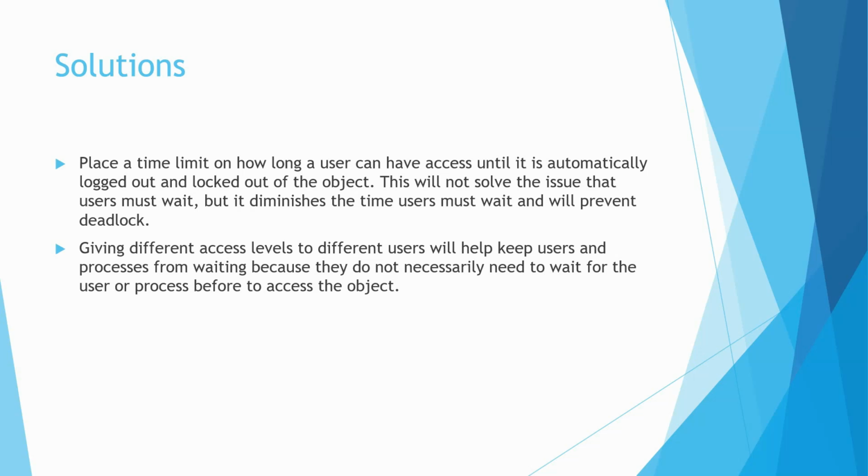This would be helpful if the first user to reach the program needs write access and it needs to add things to the database, and the second process that comes just needs read access. It just needs to see what is in the database. It would not need to wait for the first user to be done. It would be able to read into the database.